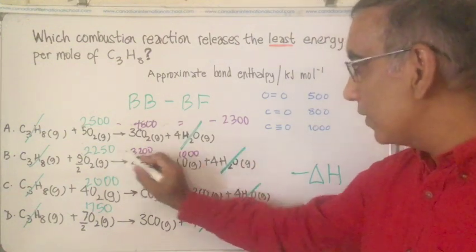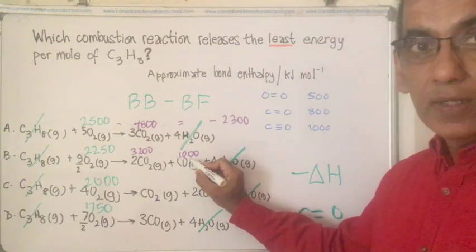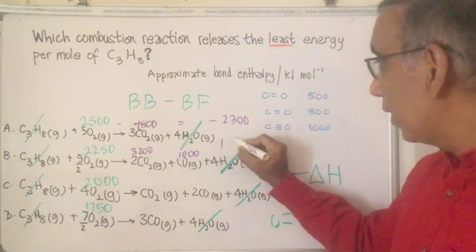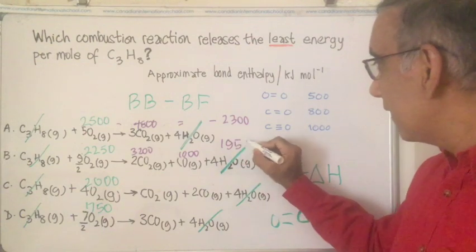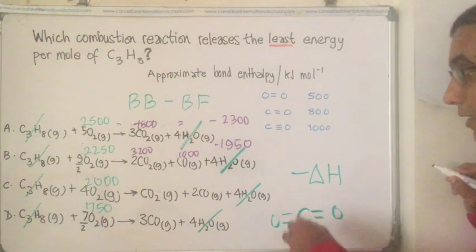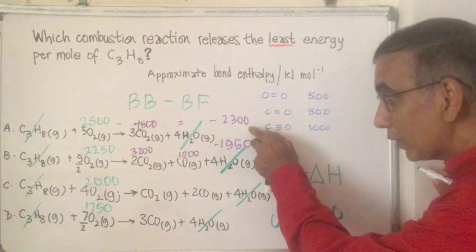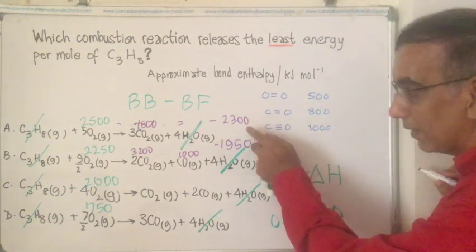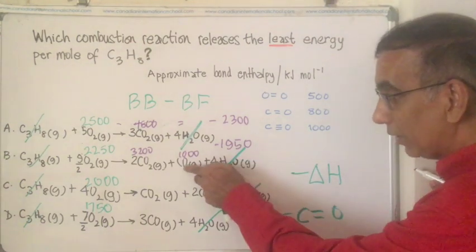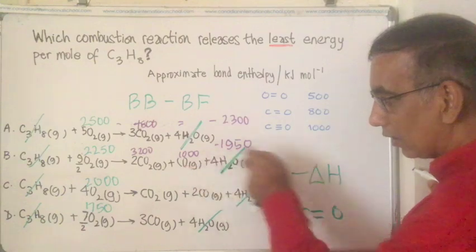This 2,250 minus 4,200 would give you negative 1,950. So you realize that complete combustion is more exothermic than this combustion here, which is not quite complete because it has carbon monoxide.